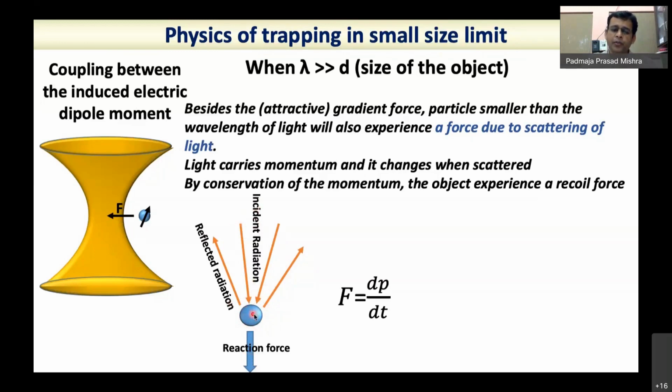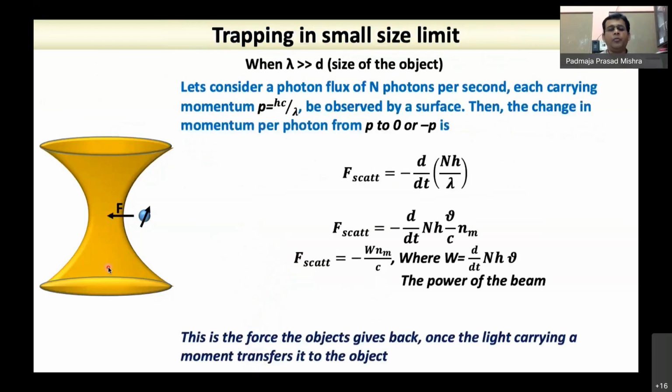The object is getting attracted towards the center because of the gradient force explained in the previous slide. And now this object is giving a force working opposite to the change in the momentum, that is, in this direction. And that is nothing but the scattering force.